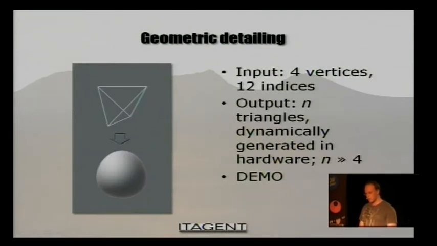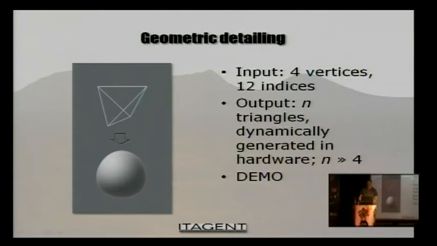So here's some detailing work that I have done. First, when I first touched Direct3D 11 last summer, I immediately thought about using as little geometry as possible to generate as much geometry as possible, just for the sake of it, in order to see that it actually works.